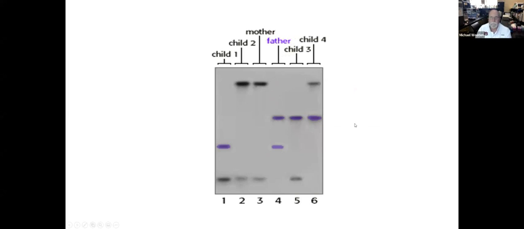Now, when you do all this, of course, you end up with a nice pattern that's used all the time. You've played with it in probably labs very much, where you get heterozygotes. These are really different heterozygotes. This is mom in this case. She's a heterozygote for these 2 very different forms. This is child 1 or child 2. Okay, this is dad. Okay, and this is child 3, and this looks like this is child 4.